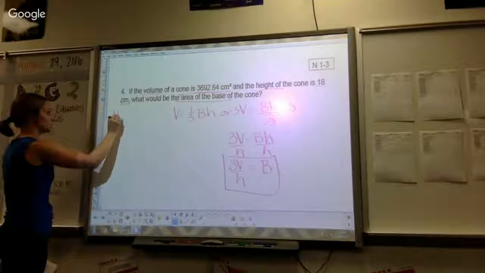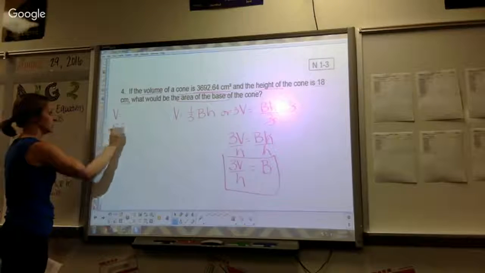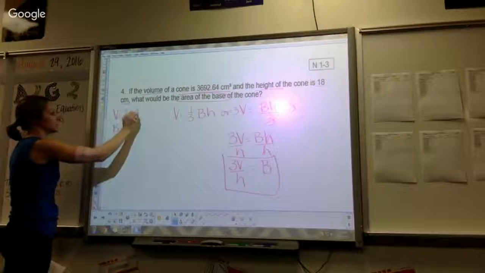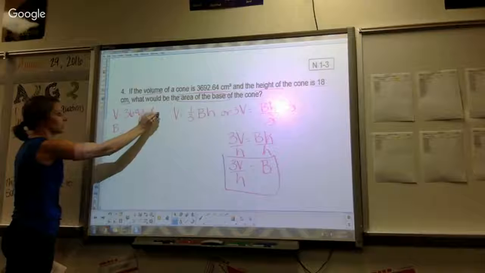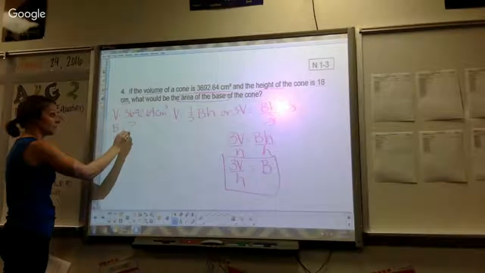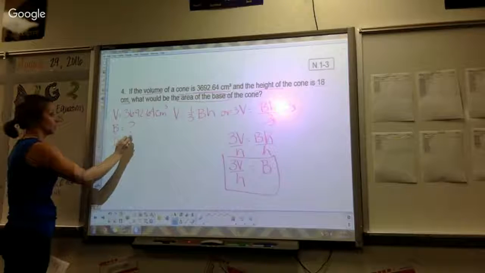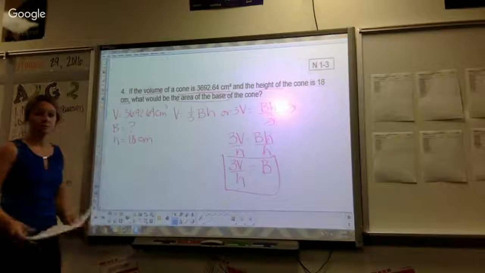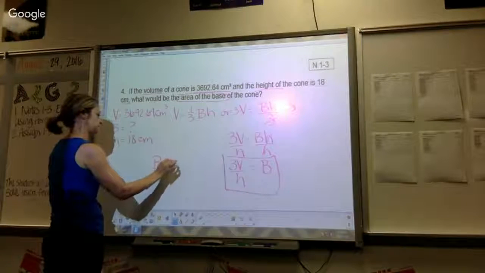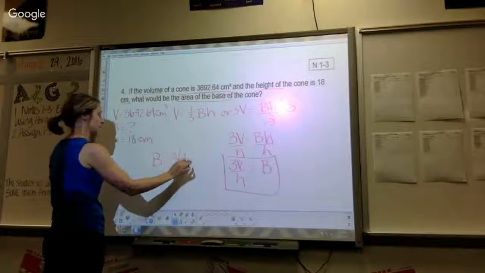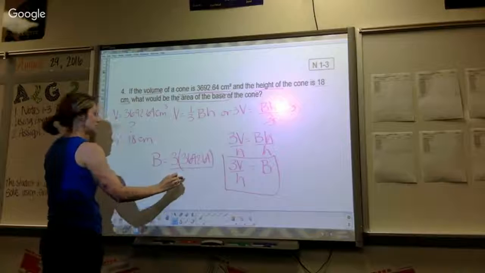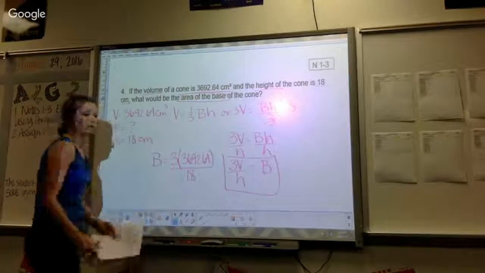The variables that we're using, B, big B, and H. The volume was 3,692.64 cubic centimeters. The area of the base, we don't know, that's big B. And then the height of the cone is 18 centimeters. So we're going to plug into this equation here. So 3 times 3,692.64 divided by H, which is 18.